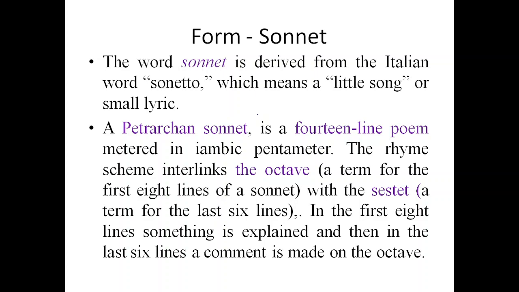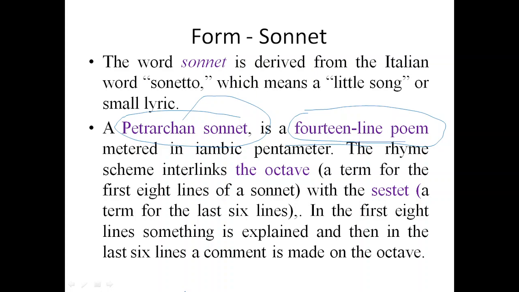In the first 8 lines something is explained. क्या एक्सप्लेन किया गया? A traveller came from an antique land, ancient land. He said that he had seen some vast trunkless legs of stone and near them there was a face of the statue lying half buried in the sand, and he saw some expressions of hatred, cruelty, arrogance, which were still there on that face.